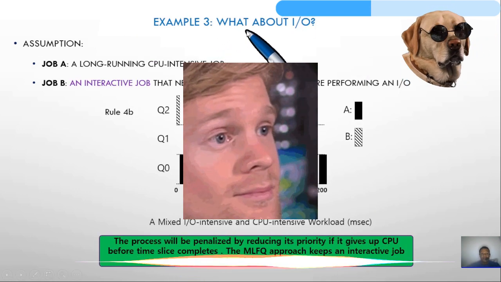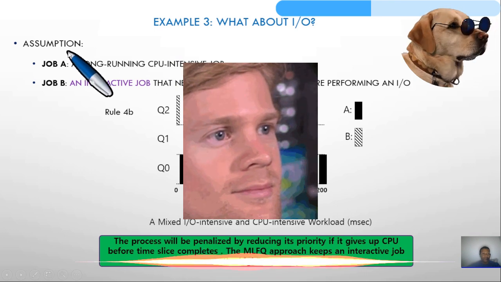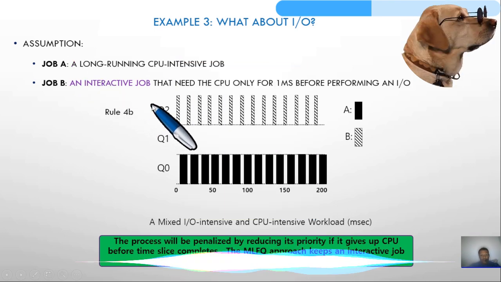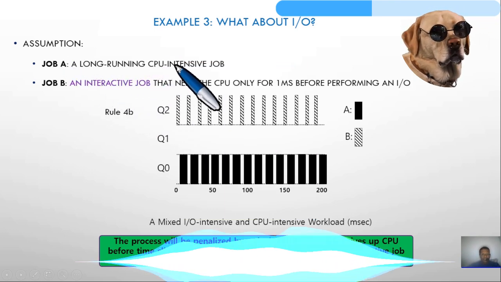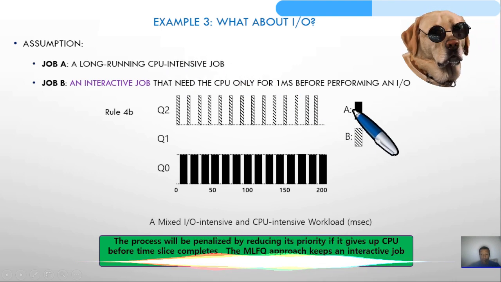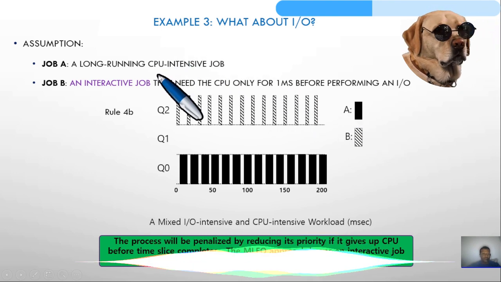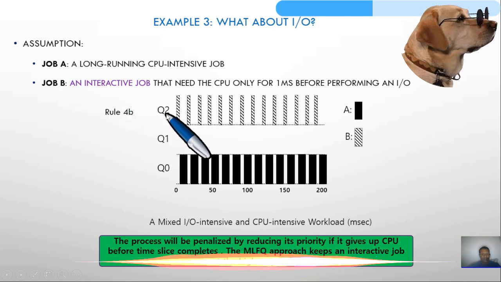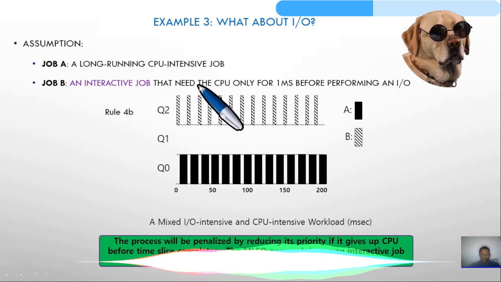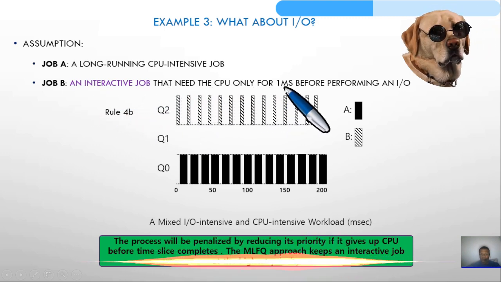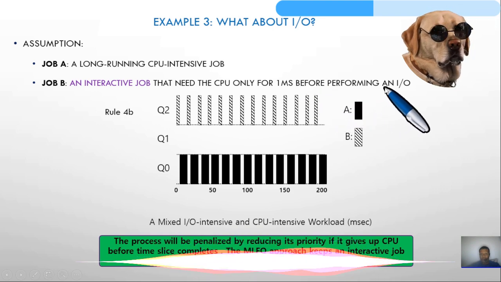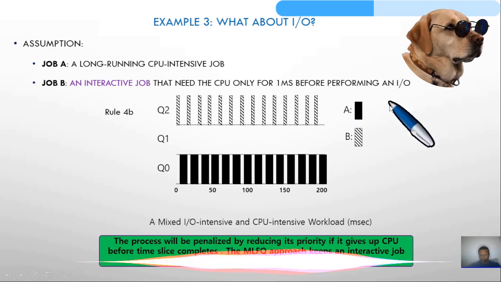Example 3: what about I/O? For example, job A is a long-running CPU intensive job, and job B is an interactive job that needs the CPU only for 1 millisecond before performing an I/O operation.